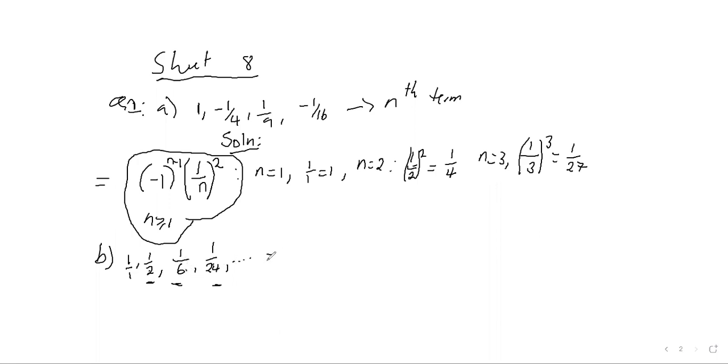Now I want to write this in the general form. So I'll say the nth term is equal to 1 over... let me put n first.